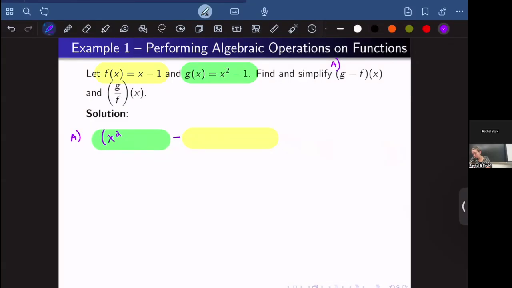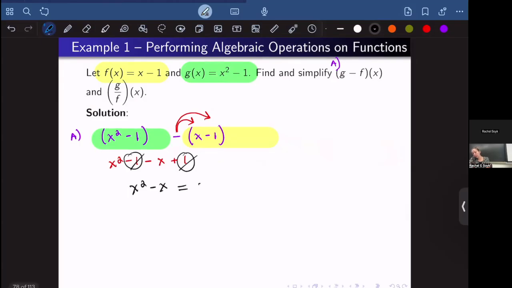Don't forget your parentheses, (x squared minus 1) minus (x minus 1). That way, you don't forget to distribute that negative to both terms inside of our yellow function. And then we simplify. Minus 1 and plus 1 cancel out. So our final result is just x squared minus x.